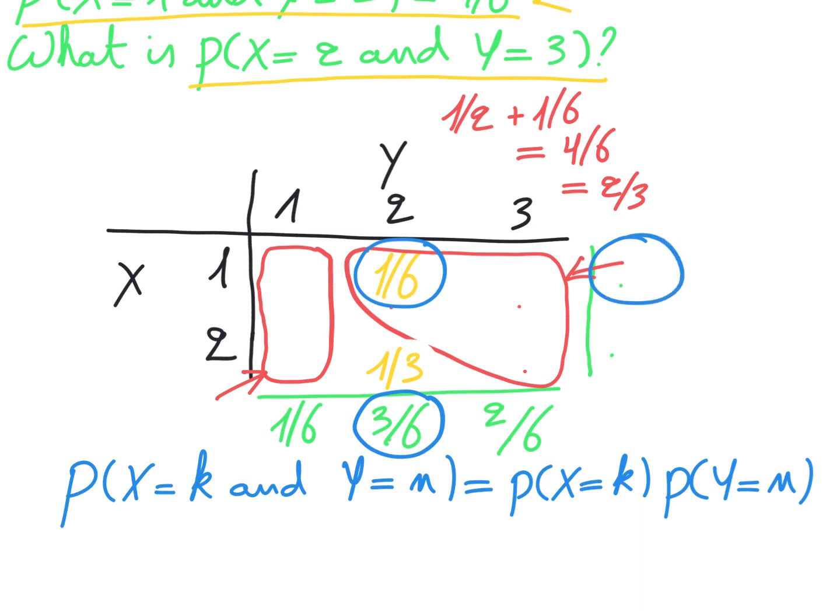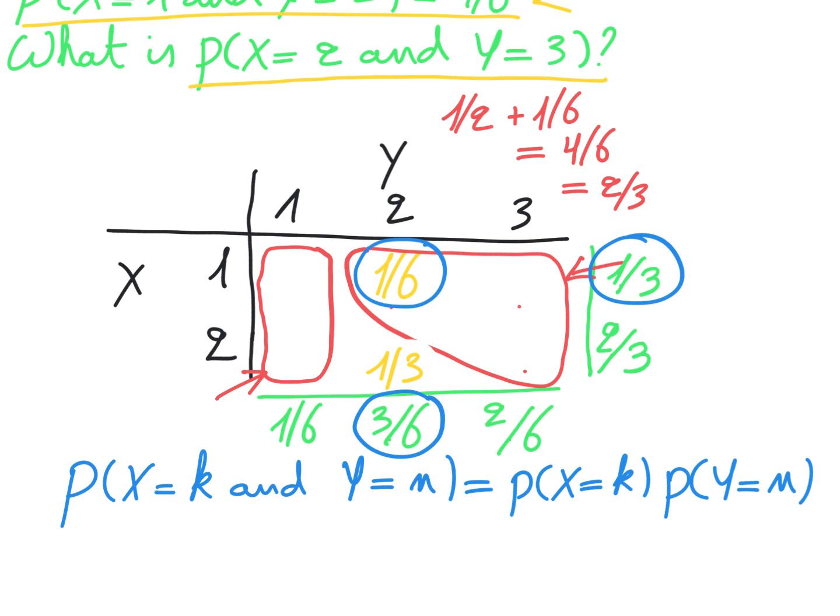Well, if 3 over 6 times this other probability should be 1 over 6, then of course that means that here we have to have the probability 1 over 3. Now x only takes on the values 1 and 2, so this other probability, this marginal probability mass function, takes on the value 2 over 3.